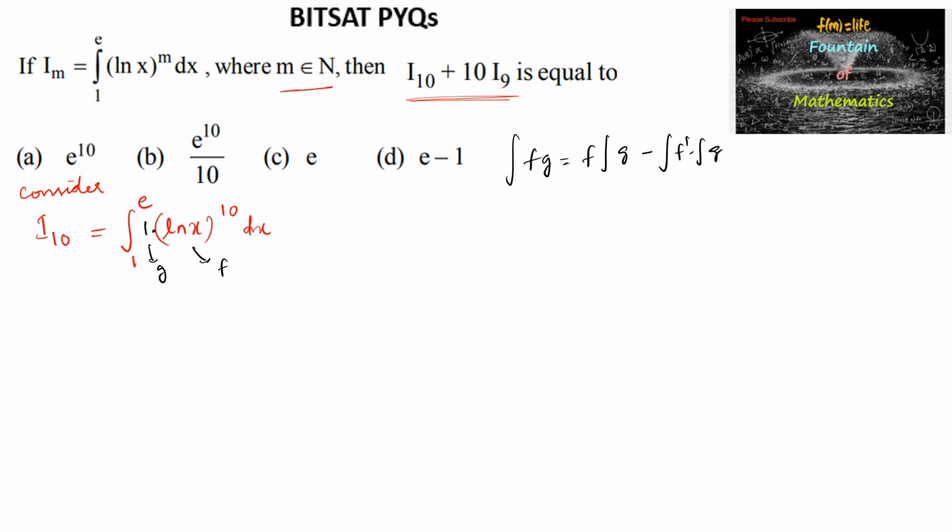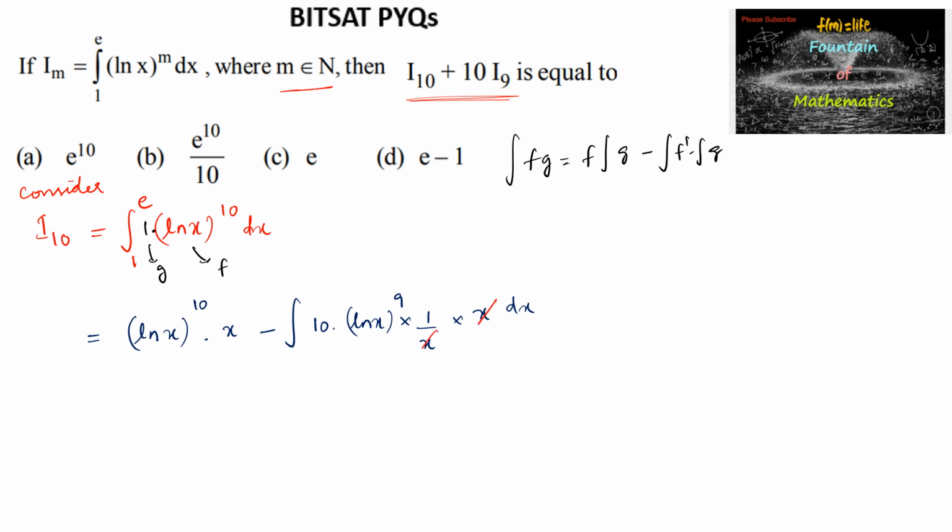So I10 is equal to log x whole power 10 into x, minus integral of f dash, which is 10 into log x whole to the power of 10 minus 1, that is 9, into 1 upon x, and again integration of 1 dx is x, dx.